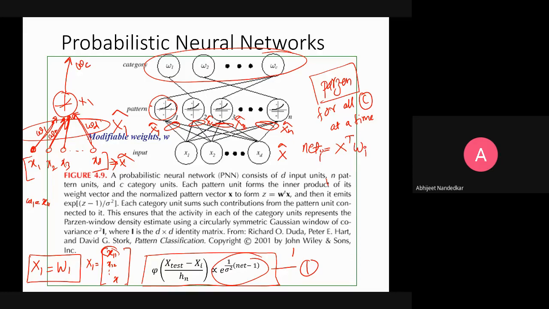Okay, for ith node, net value is net I, which is equal to say X transpose Wi. Where X is our input, which is already normalized. So this is also normalized.